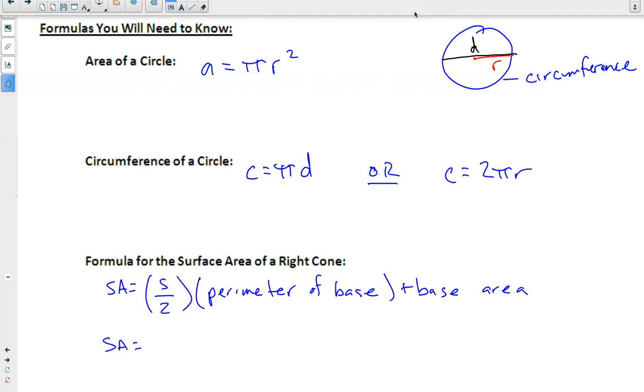We're going to leave slant height over 2 alone. And in this case, the perimeter of a cone is going to be a circle, so the perimeter is going to be the circumference, which is 2 pi r, plus the base area.